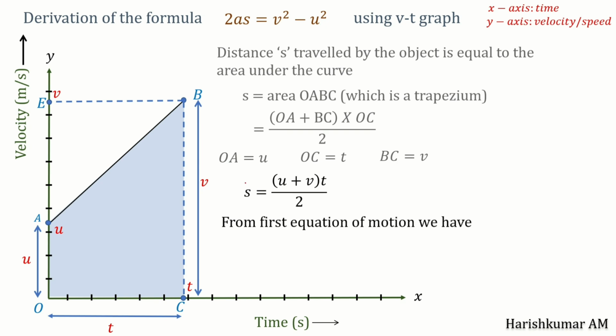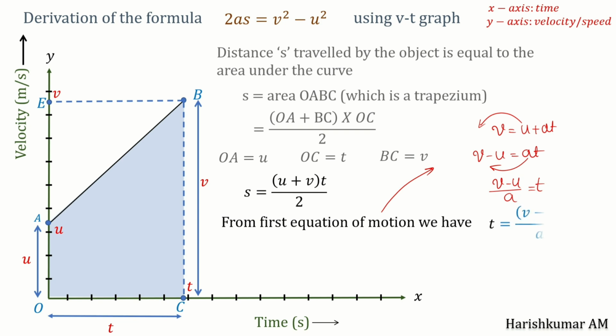From the first equation of motion, we know that v is equal to u plus at. Transposing u to the left side, we have got v minus u is equal to at. Further transposing a to the left side, we have got v minus u by a is equal to t.